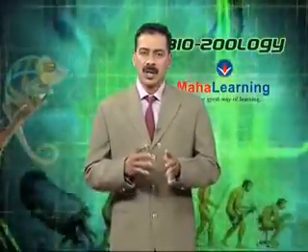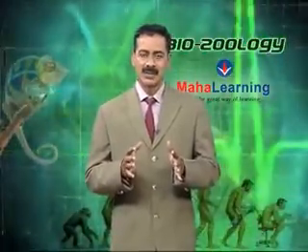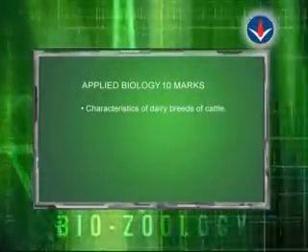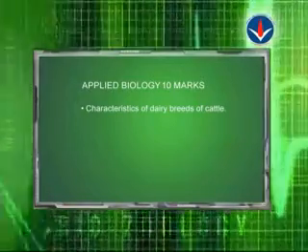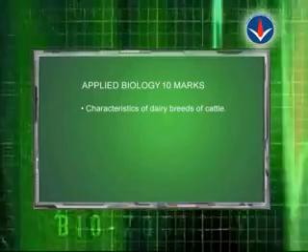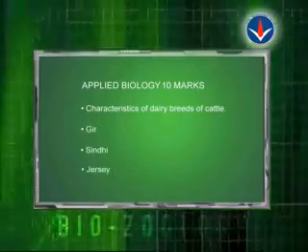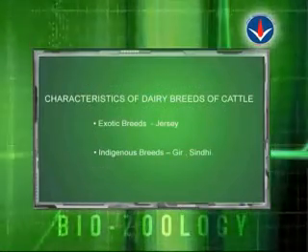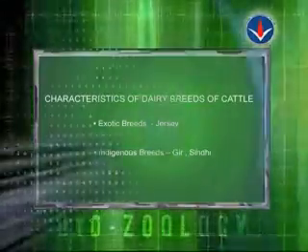From applied biology we can expect a standard set of questions. One is the characteristics of dairy breeds of cattle, in which 3 cattle breeds are given: Gir, Sindhi and Jersey. But Jersey is an exotic breed. Indigenous breeds means Gir and Sindhi.